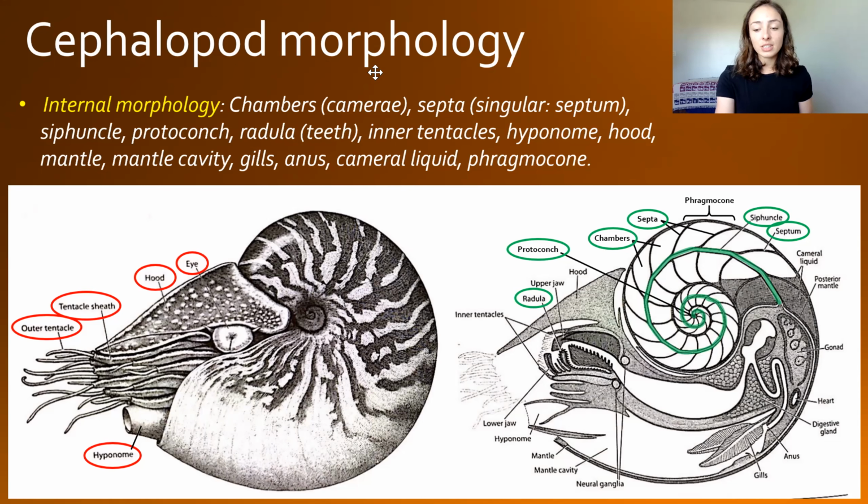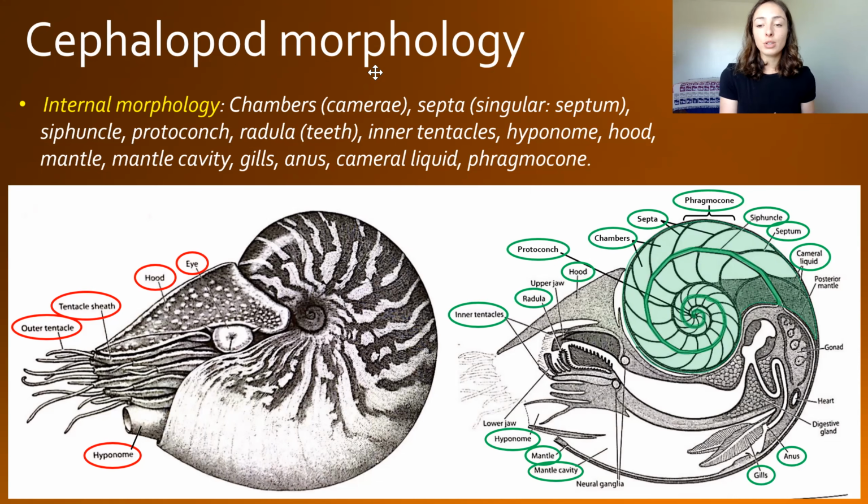Also, they have inner tentacles, and then also the hyponome is labeled here, and then they have the hood labeled again here, and then the mantle cavity, feathery gills, the anus, cameral liquid, which again, like we talked about, is controlled by transport through the siphuncle, and the phragma cone, which is basically the entire part of the shell that includes all of the chambers except the living chamber, which is the chamber in which the animal currently lives. So the outermost chamber is the living chamber, and the rest is the phragma cone.